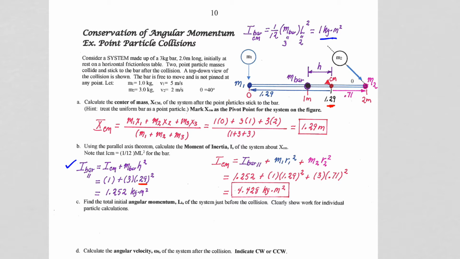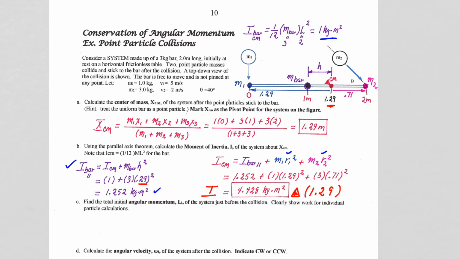To get the moment of inertia of the bar about our new center of mass point, and then we just use mr squared for m1 and mr squared for m2 to get the total inertia value about our new center of mass point. So that's the moment of inertia about the center of mass point at 1.29, if you want to write that in, if that helps you out.